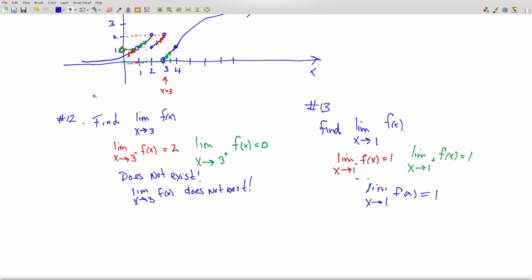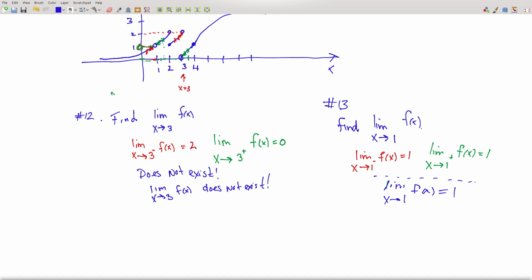So here is our answer for number 13, whereas this was our answer for number 12.